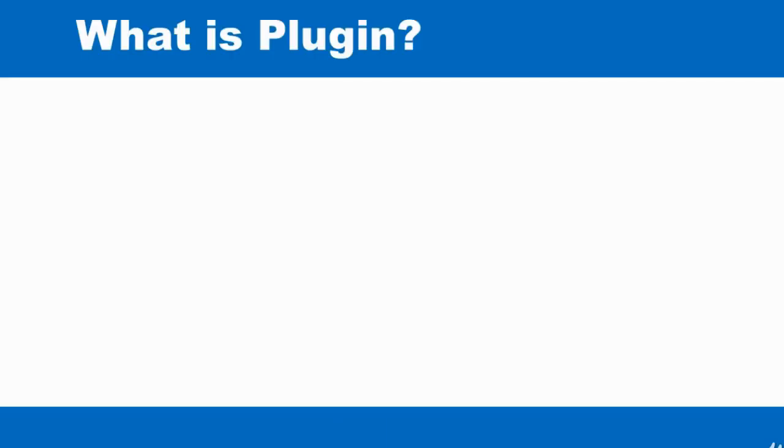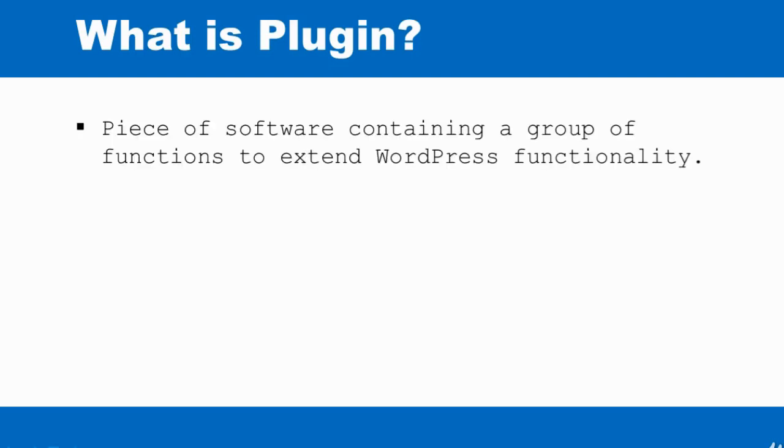What is a plugin? In WordPress, a plugin is a piece of software containing a group of functions that can be added to a WordPress website. And this is used to extend the functionality of WordPress by adding new features to your WordPress website.